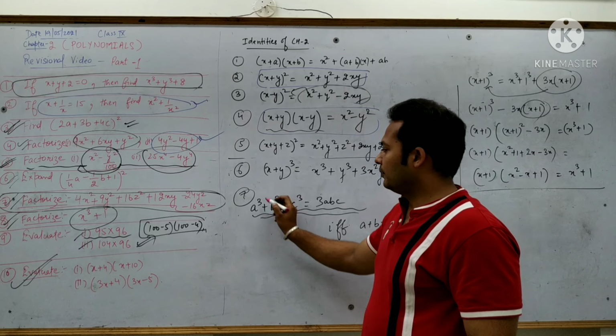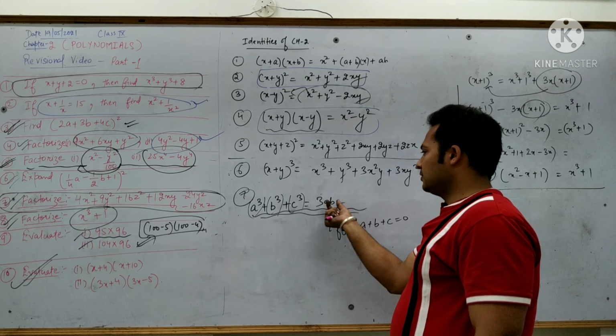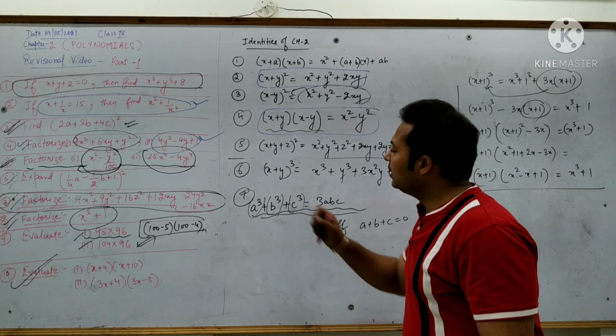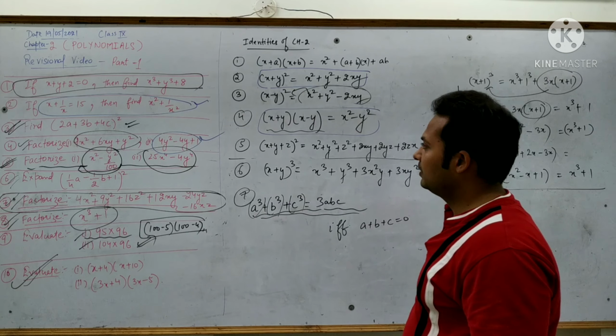The sum of cube of the individual numbers will be equals to product of these three numbers into 3 only and only when the sum of the numbers is 0.